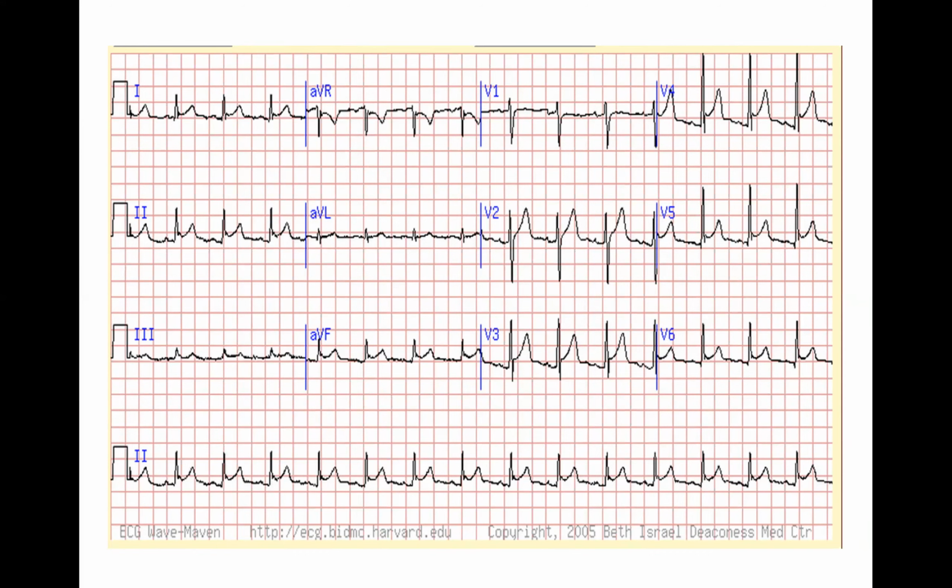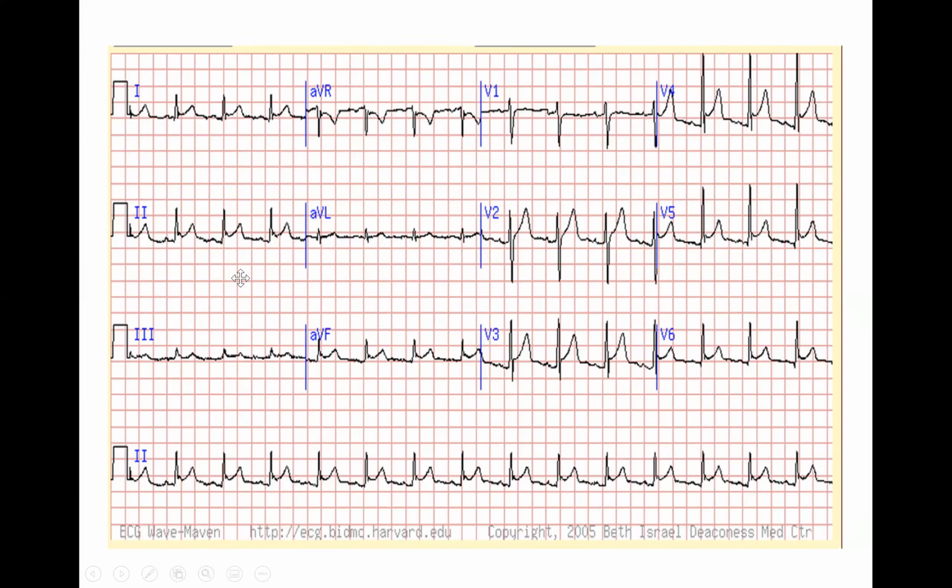This inferior STEMI, ST elevation in lead 2, AVF, lead 1. So initially you thought of an inferior MI. Okay. So this, with no posterior extension.